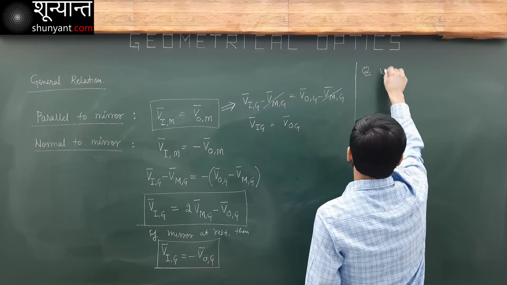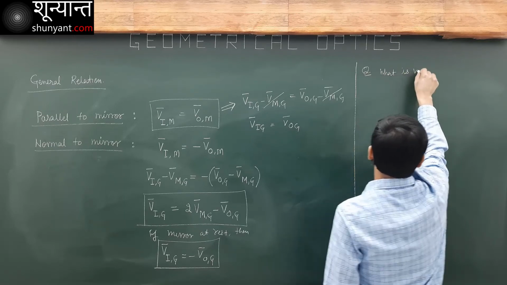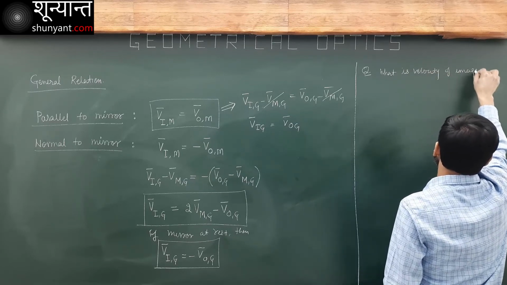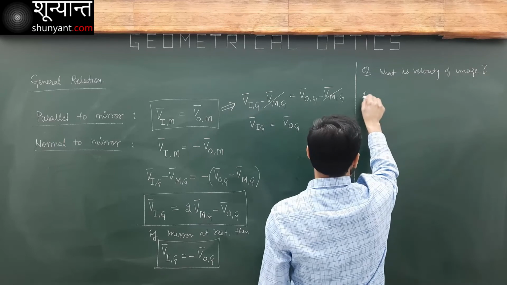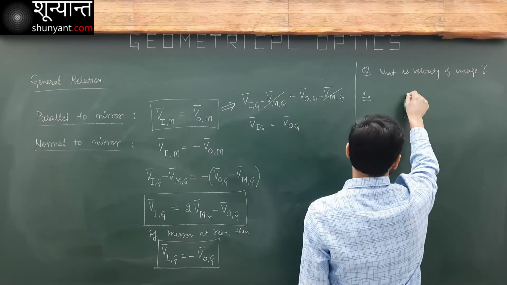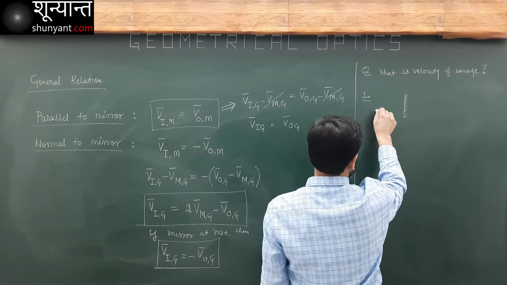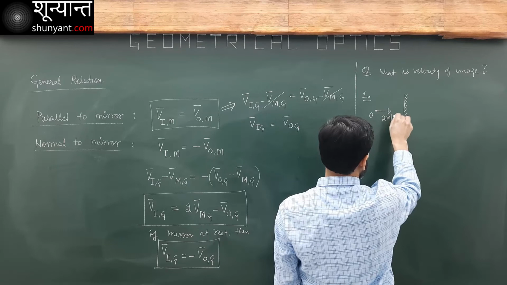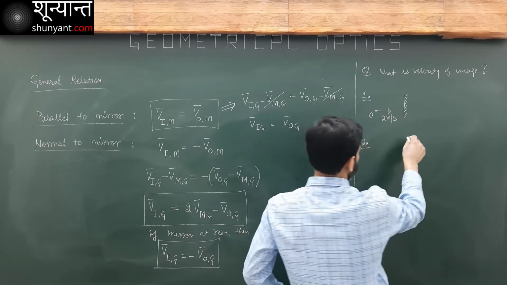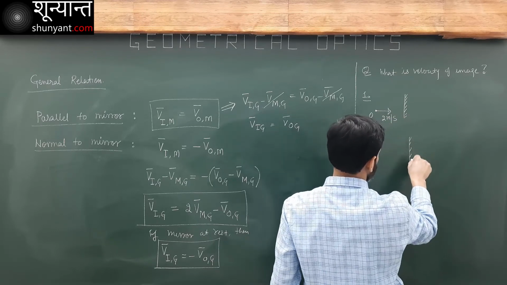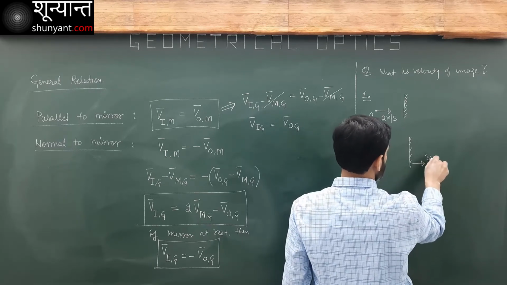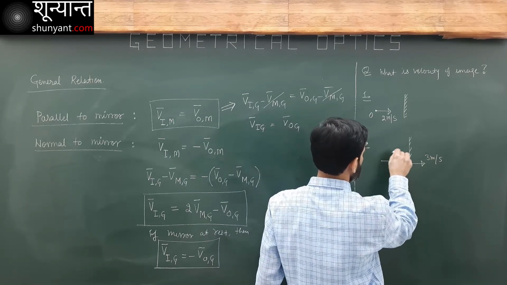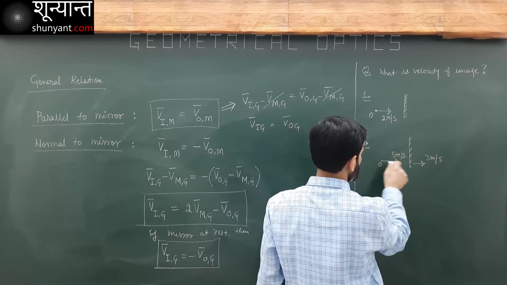Question. What is the velocity of the image? First case: I have this mirror. This is the object, let's say it is 2 meters per second. Second case: this is 3 meters per second. And this is, let's say, 5 meters per second object.